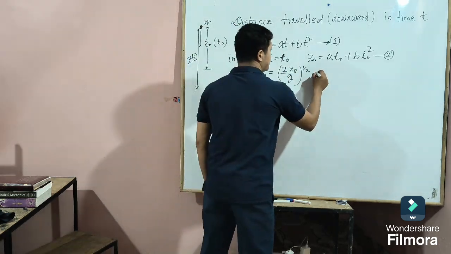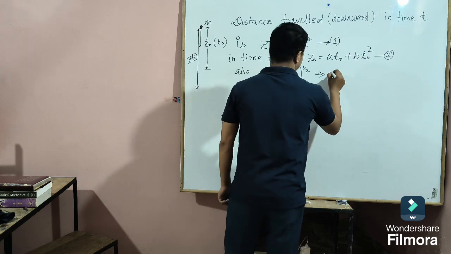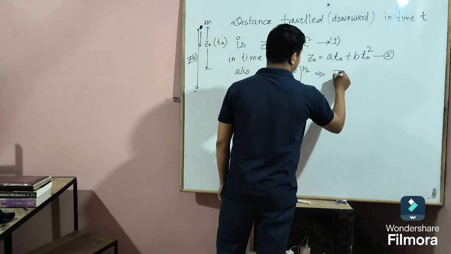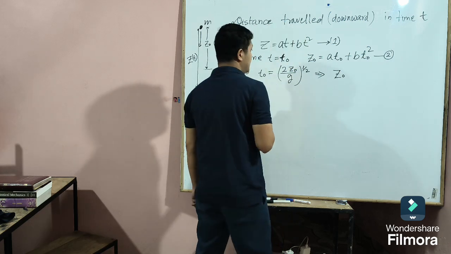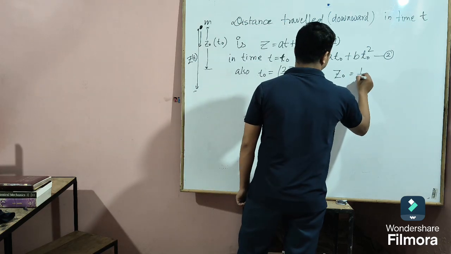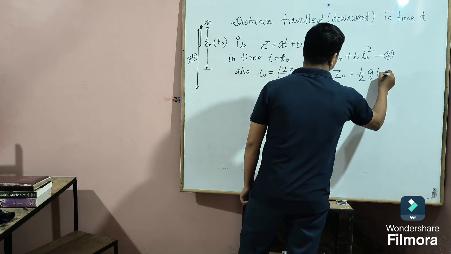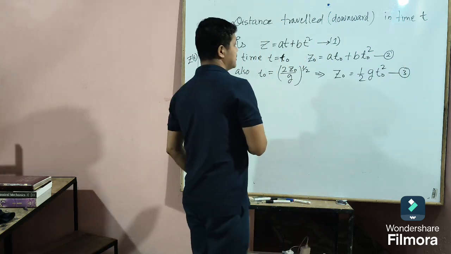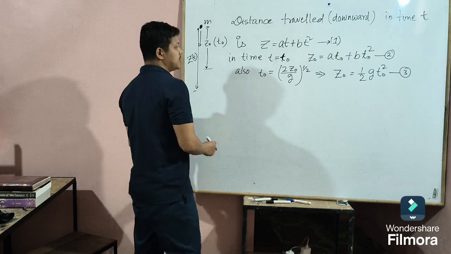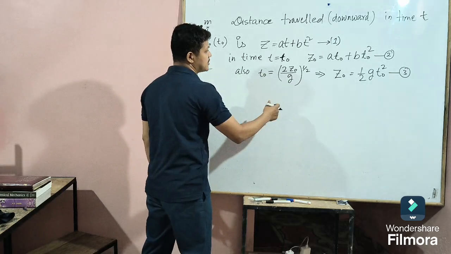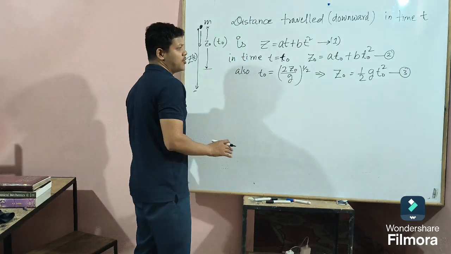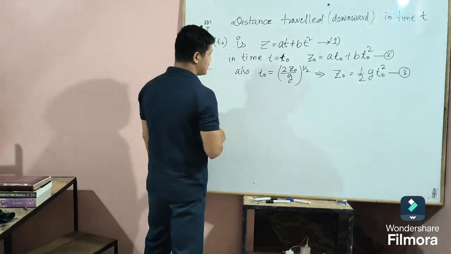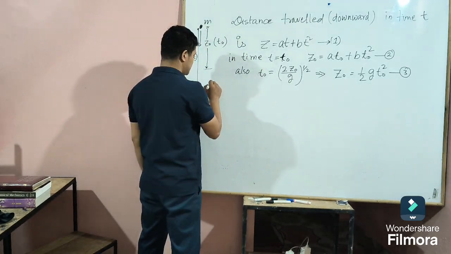Which implies that if you square both sides and simplify it, you're going to get z is equal to half z into t naught squared. This is equation number 3, right? Squaring this and simplifying, we're going to have this equation. So hope you can do this simplification. Very simple, right?